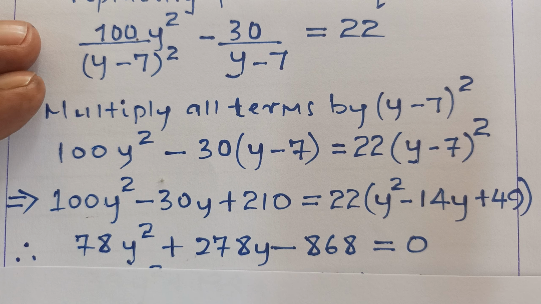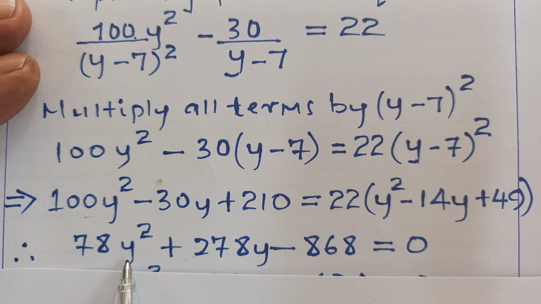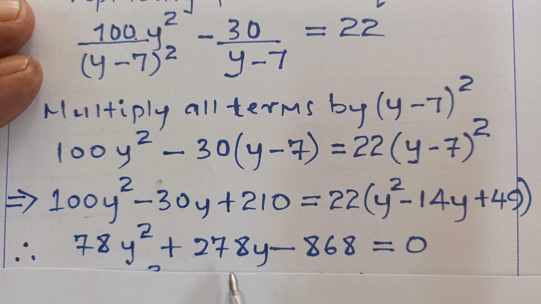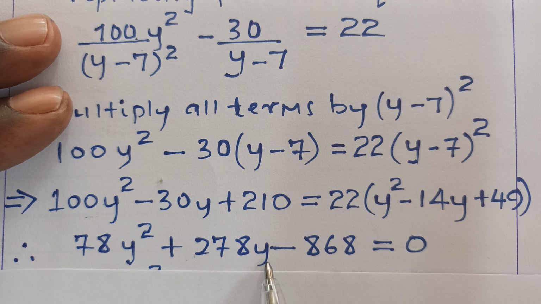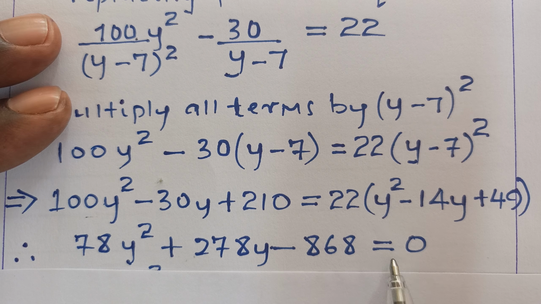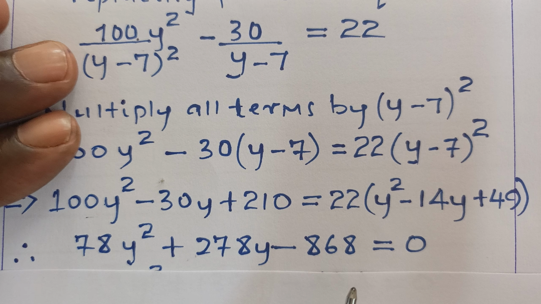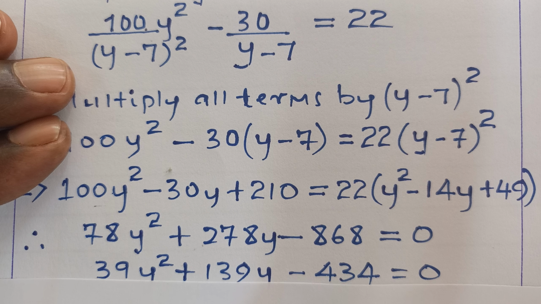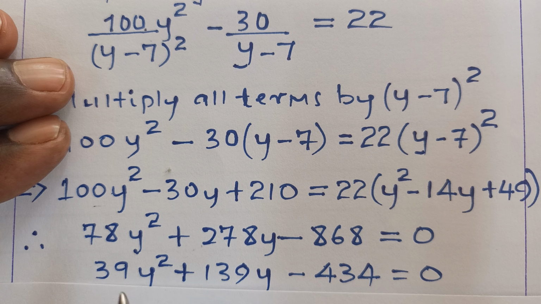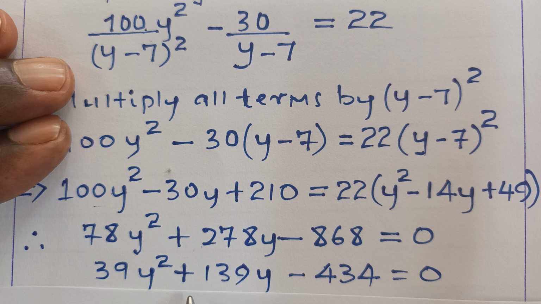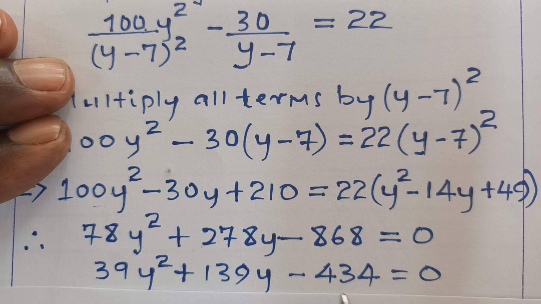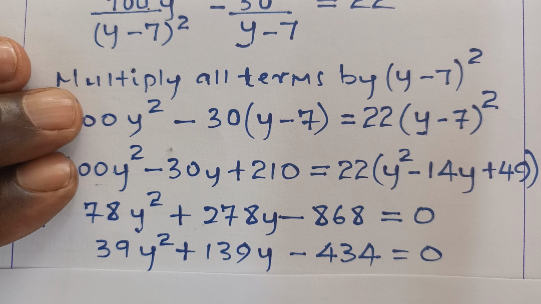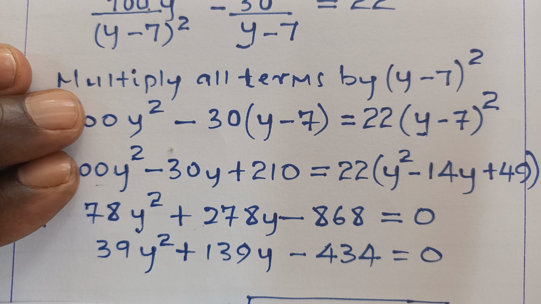This is what I have already gotten, 78 y squared plus 278 y minus 868 equals 0. This is a quadratic equation which I can simplify by dividing by 2. When you divide by 2, you get 9y squared plus 139y minus 434 equals 0. From there, I use the quadratic formula.